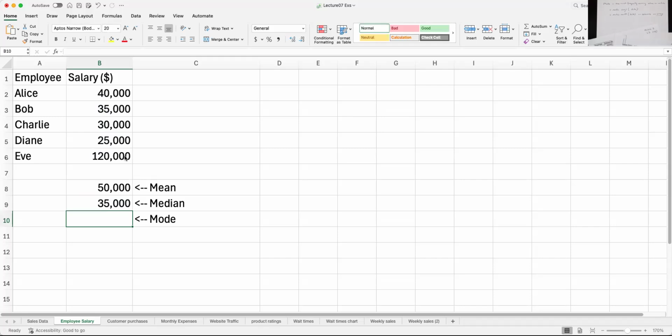How many people earn under 50,000? There are only 5 people here, and 4 of them earn under the average. Is that a good measurement of center?